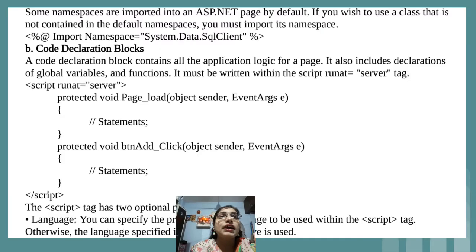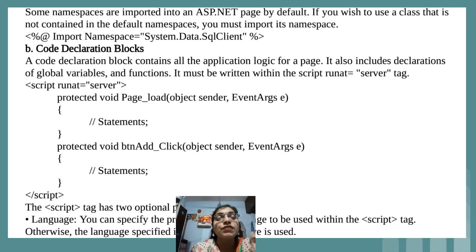So the import directive, basically as we have seen, we are having separate .aspx and .aspx.cs pages. On that .aspx.cs page there are by default many namespaces available, using System.Data, using System.Data.SqlClient. Like that there are n number of namespaces available.